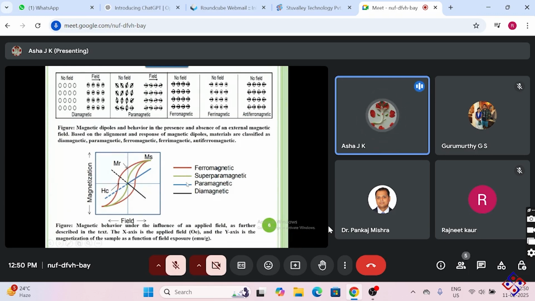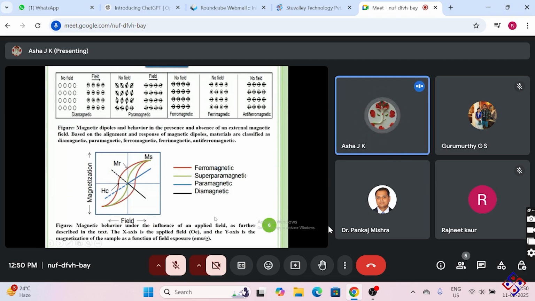And the last one, the diamagnetic material, shows weak, and as I already told, negative magnetization. So the conclusion of this figure is that ferromagnetic materials have a strong magnetization, and superparamagnetic materials behave like ferromagnets but lose the magnetization when the field is removed.